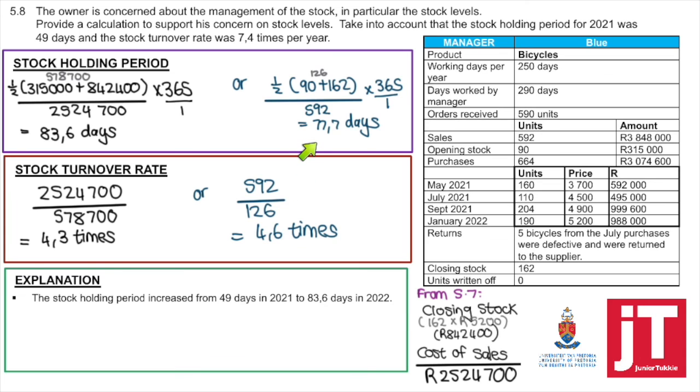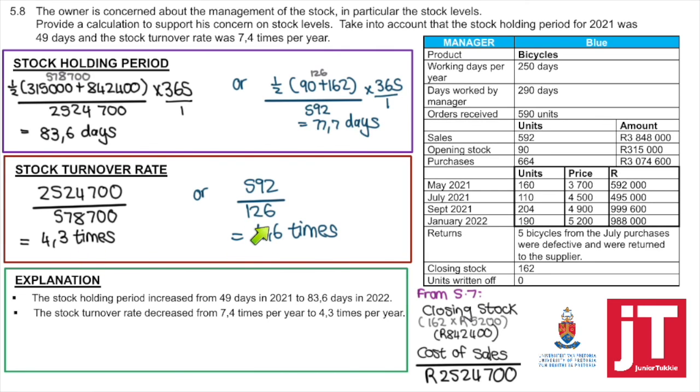If you use the number of units, you would have said it increased from 49 days to 77,7 days. If we look at the stock turnover rate, it decreased from 7,4 times per year to 4,3 times.